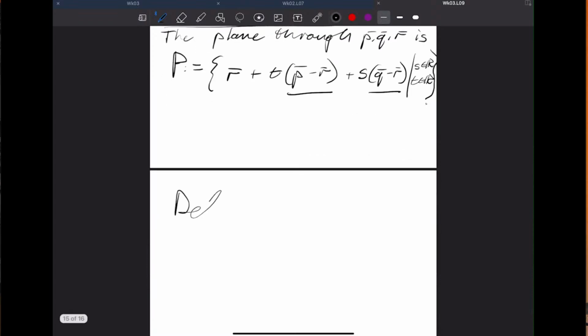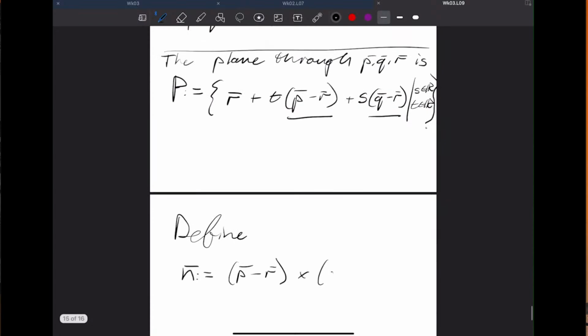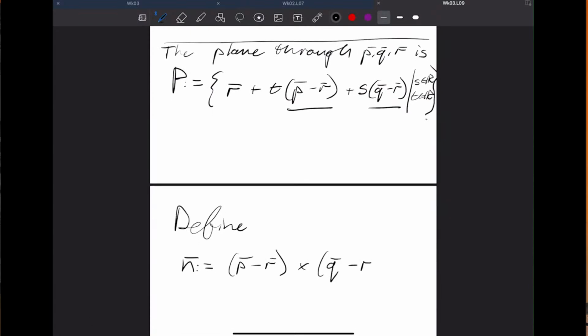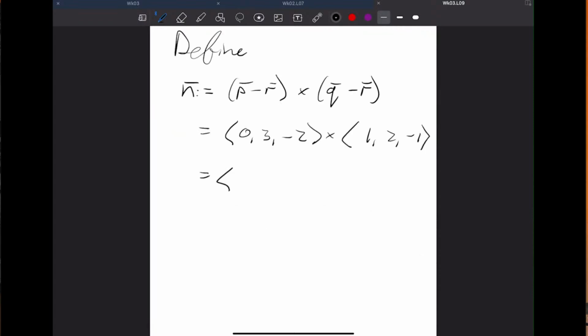So we define n to be the vector P - R cross Q - R. That is (0, 3, -2) cross (1, 2, -1), and when we work that out, we get (1, -2, -3).